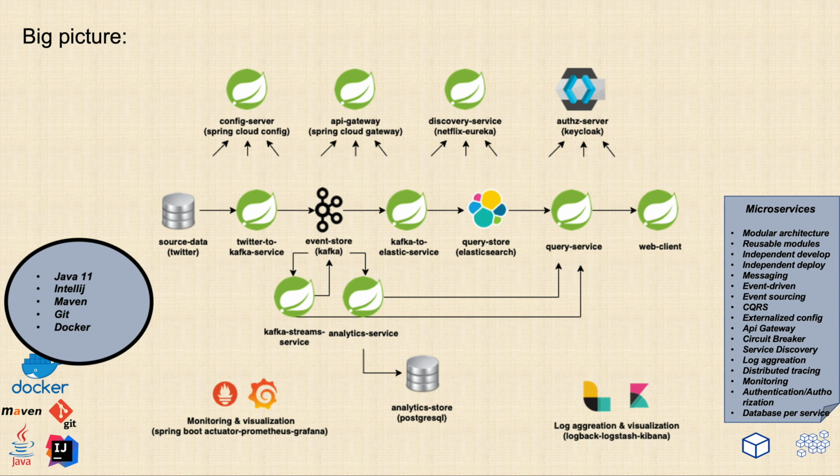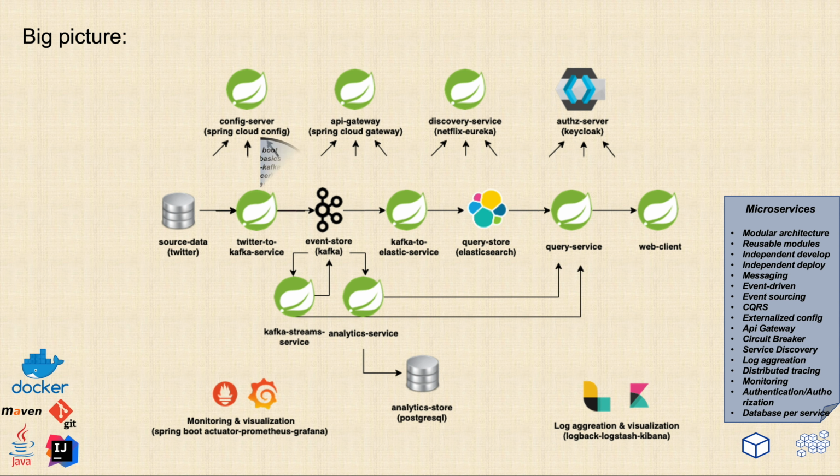You will use Java 11, IntelliJ as your development environment, Maven as your dependency management tool, Git as the version control system, and finally Docker for containerization of your services, as well as running the dependencies like Kafka and Elasticsearch locally using Docker Compose files.